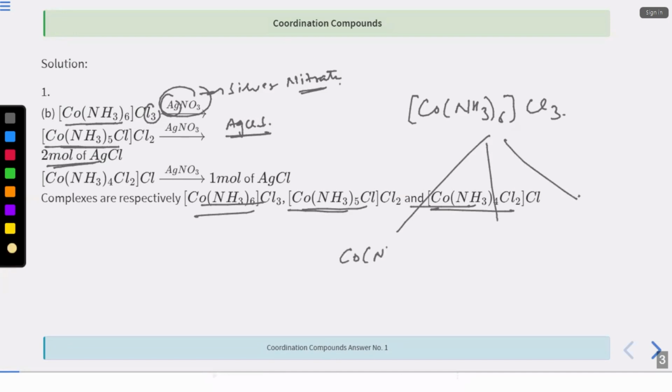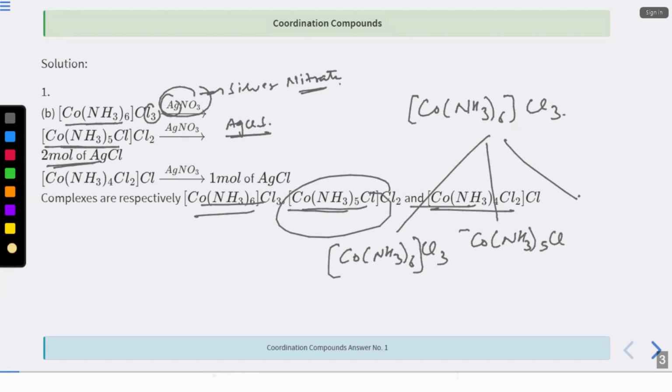One is Co(NH3)6Cl3, which is shown as given here. Second, it exists in this form, Co(NH3)5Cl, where one Cl goes inside and you will be left with Cl2. And for this one, it is like this, Co(NH3)4Cl2: two Cl come inside and one Cl remains outside.